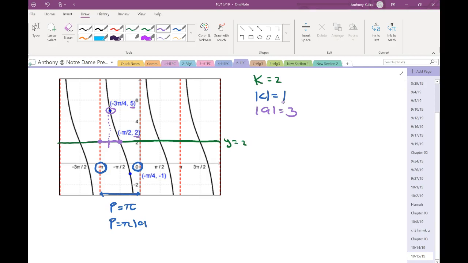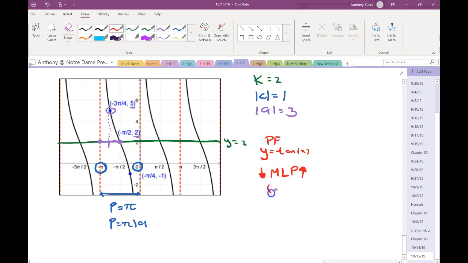Okay. The last step now is to figure out my value for h. So on my parent function, we have y equals tangent. I'm always going to use a midline point from there. I remember for regular tangent, before the midline point, the graph is below the midline, and after it's above.